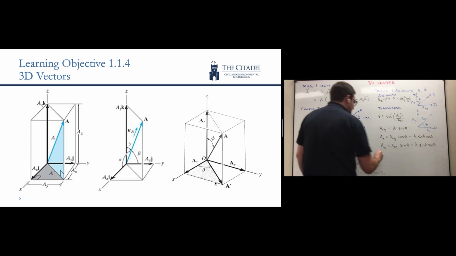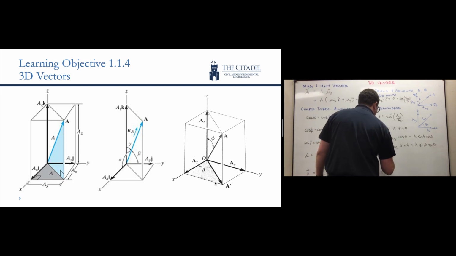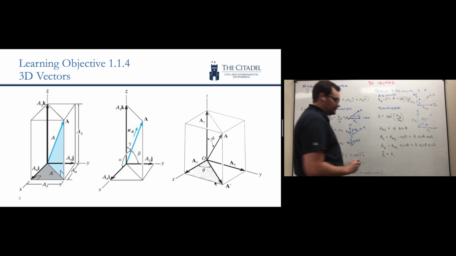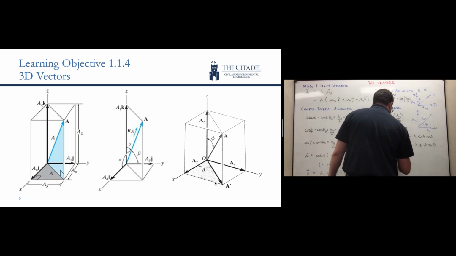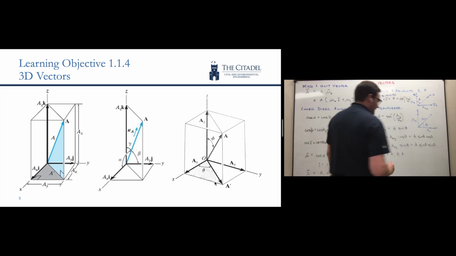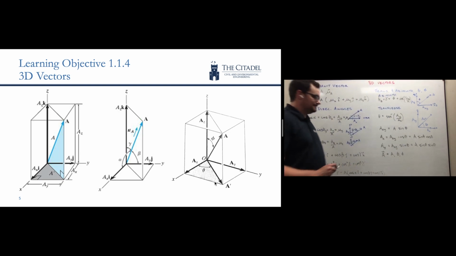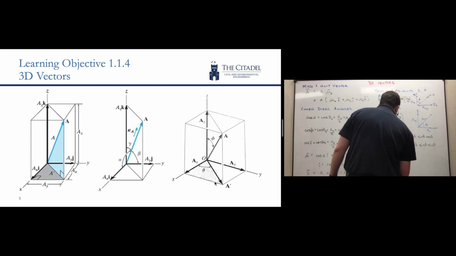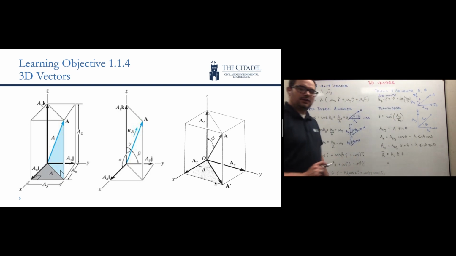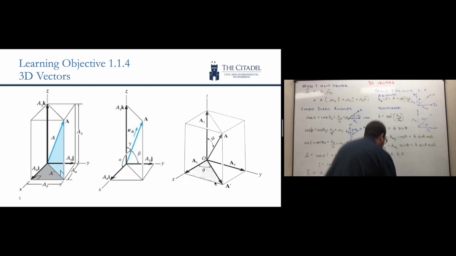What this means for us is that if I'm thinking about my overall vector A, I can think of it and describe it in terms of its magnitude, the transverse angle, and the phi angle, three components, yes? And I can also express it back into Cartesian vector notation by looking at A. So I'm collecting my magnitude terms.